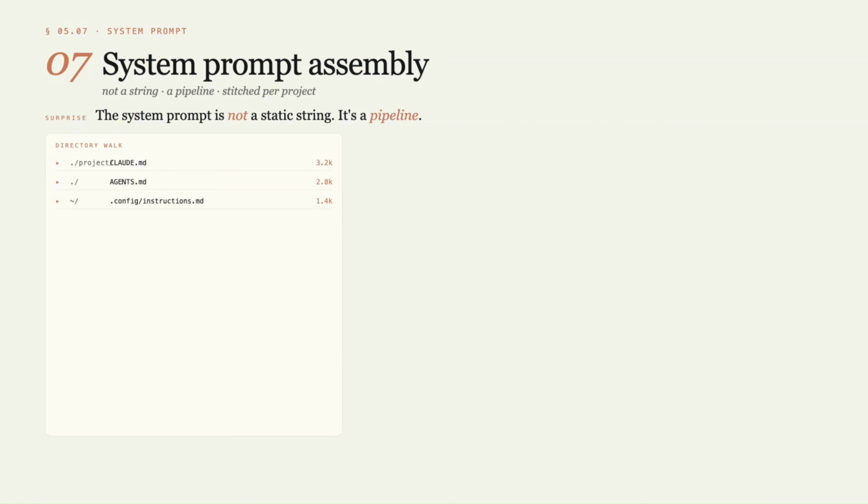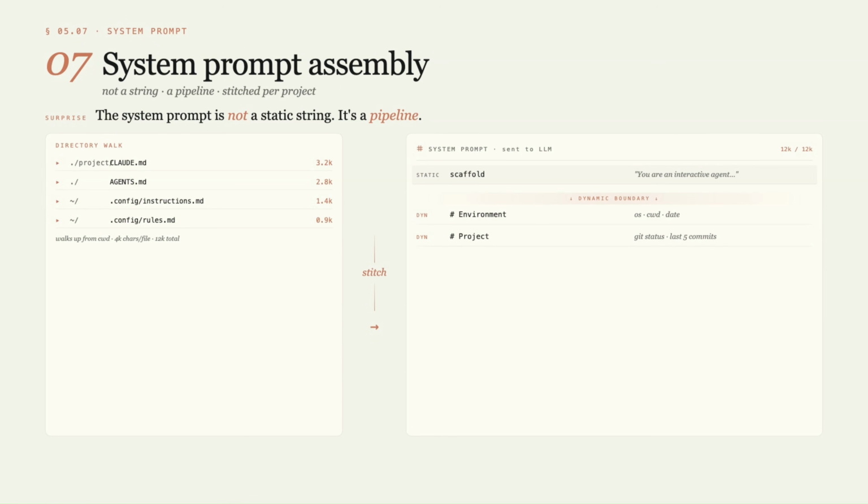Number 7 is system prompt assembly. Now, this is the one that will surprise most people. The system prompt is not a static string. It's basically a pipeline that walks ancestor directories looking for specific types of instructions. So if you have CLAUDE.md or AGENTS.md, it's going to inject those into the system prompt.